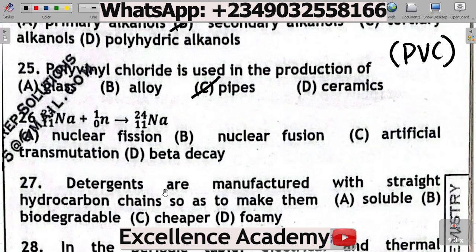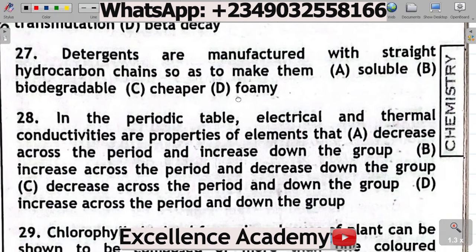Now for this particular reaction, what you have is simply artificial transmutation. This is the conversion of one element into another by neutron bombardment. So when you convert one element into another, perhaps an isotope, by bombarding it or combining it with a neutron, it is called artificial transmutation. So C is the correct answer.